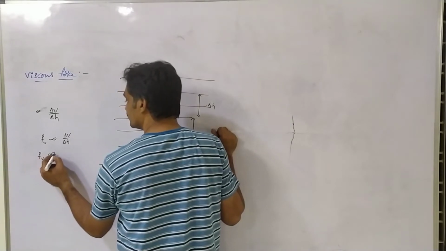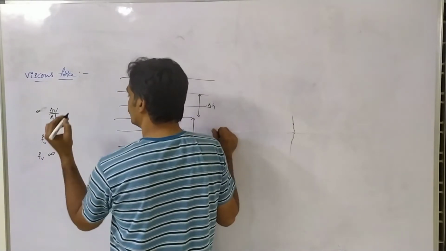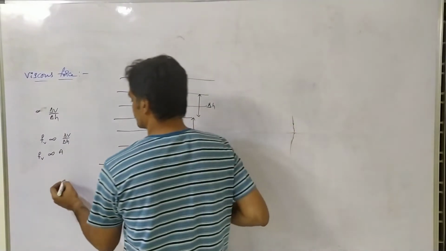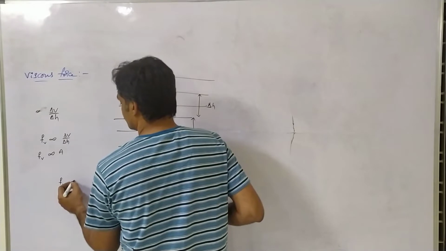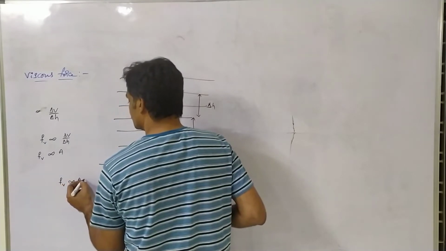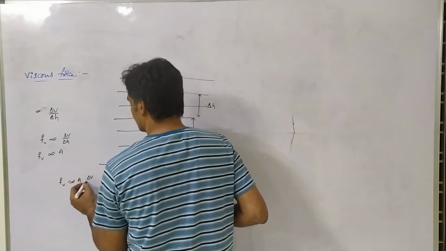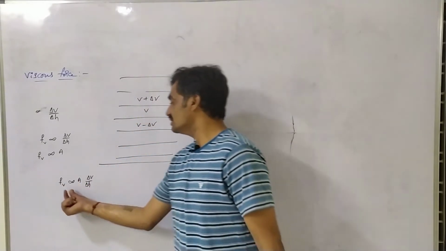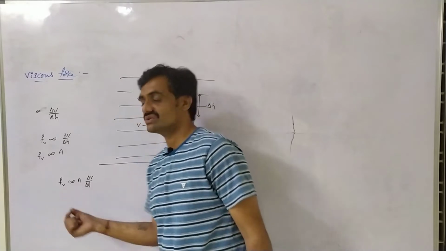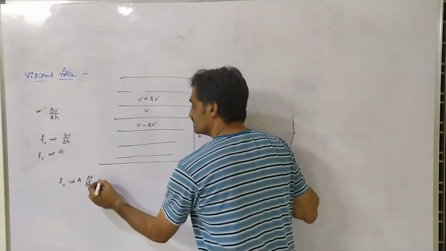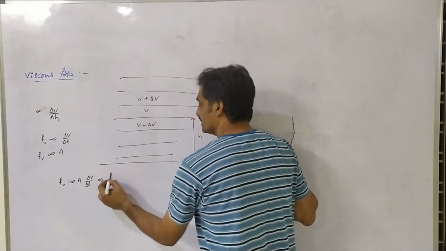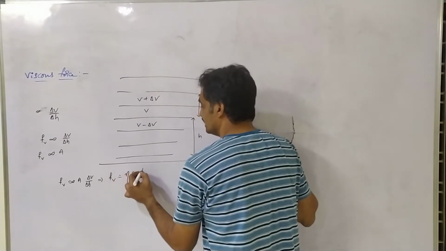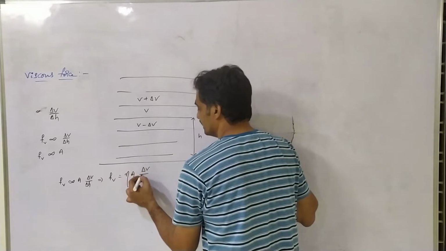So instead of writing these two equations, we can represent a common equation: viscous force is directly proportional to A into delta V by delta H. To remove this proportionality, we add a constant, represented with eta. F suffix v equals eta A delta V by delta H.